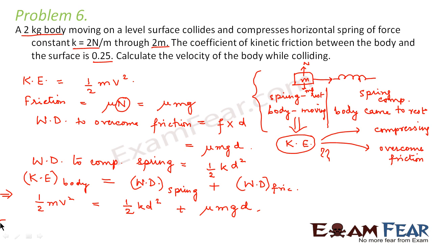Now let us see what values we have. So we have m equal to 2 kgs. Velocity is given? No. Velocity is something which we have to calculate. Calculate the velocity of the body while colliding. So we don't know velocity. This is equal to half into k, and k is given as 2. What is the displacement? Displacement is again 2 meters.